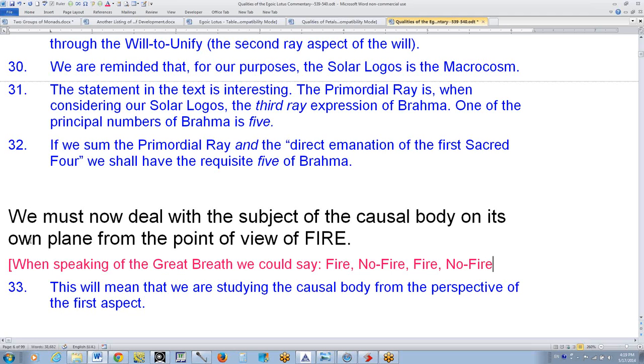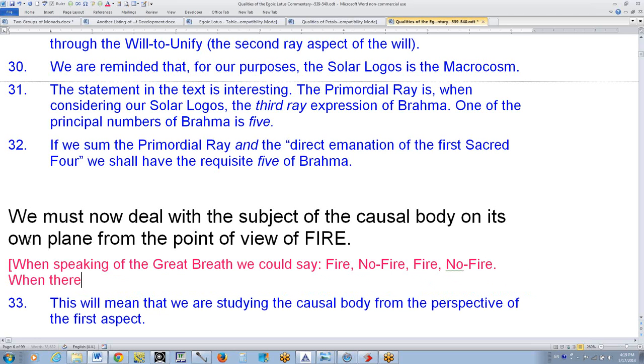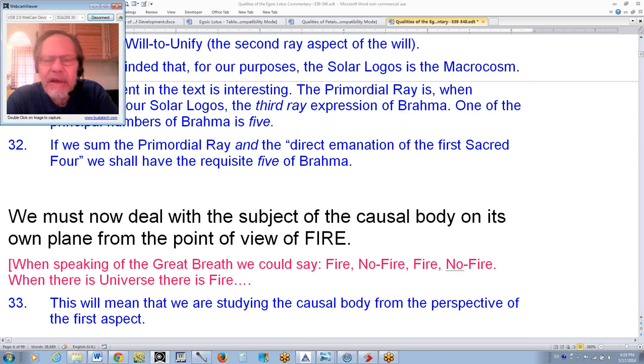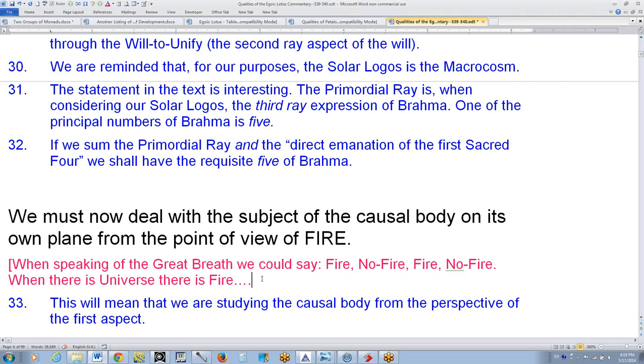When there is universe, there is fire. And maybe I'll capitalize it. Universe, there is fire. And when we're dealing with the absolute reality, we cannot call it fire. Fire, motion, and, well, specificity go together.